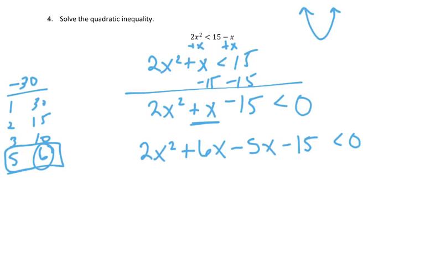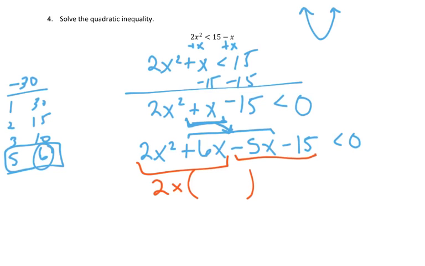Again, this goes back to factoring by grouping. We are separating this term and rewriting it as these two terms summed together because they're equivalent. 6x minus 5x is equal to positive x, and so we haven't actually changed anything. We're just rewriting it in a way that will make our lives a little bit easier, because now we can factor out a 2x from these terms and a negative 5 from these terms.